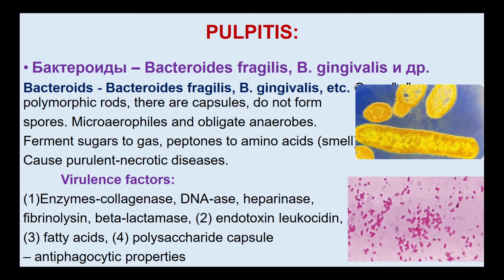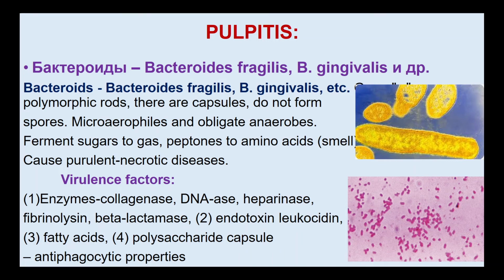Microaerophilic and obligate anaerobes, they ferment sugars to gas, peptones and amino acids, producing smell. The smell is not from the oral cavity itself, it is a result of peptones destroyed by these bacteria. They cause purulent necrotic diseases.